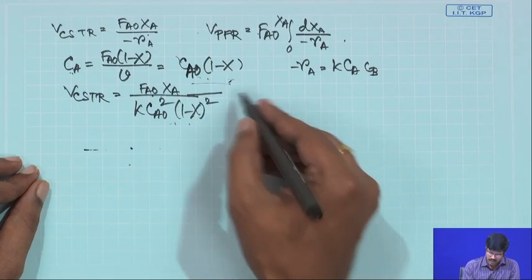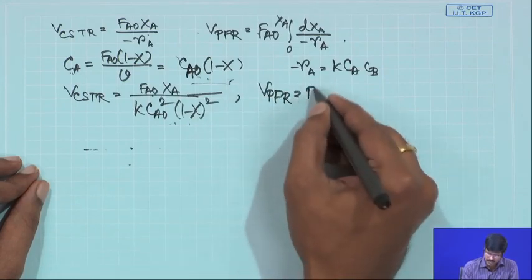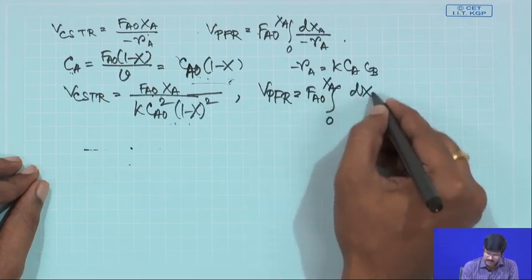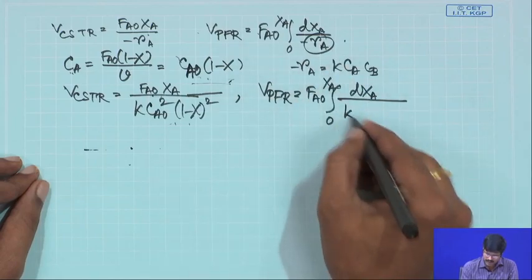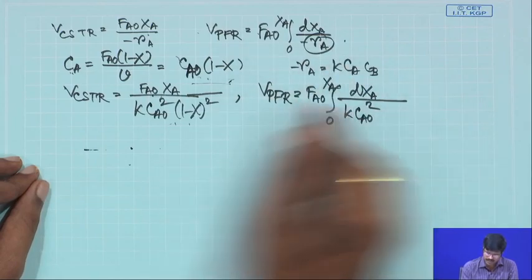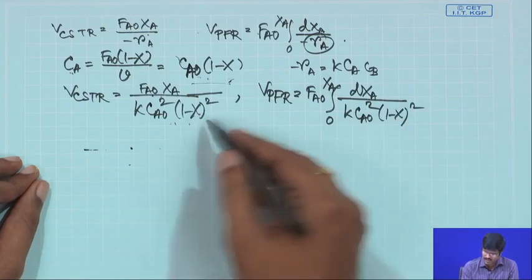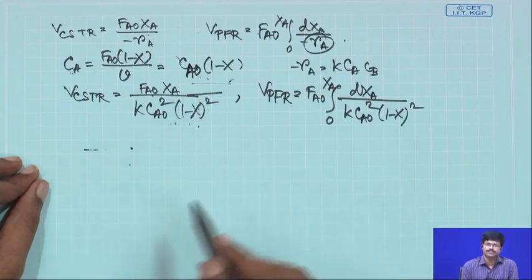Okay. What about Vpfr? It is Fa0 into integral 0 to Xa dxa, and for minus Ra, it will be K, the same expression as this, into 1 minus x whole square. I am just putting x, it will be Xa actually, x subscript a.